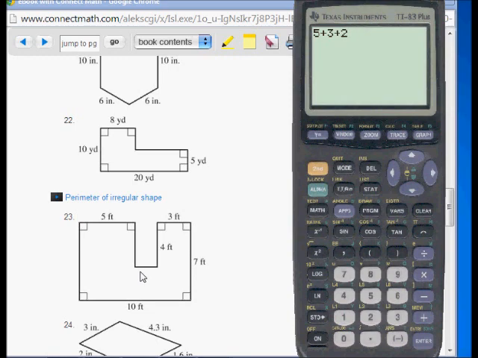That's 2 right here. Plus 4 plus 3 plus 7 plus 10, and you hit enter.